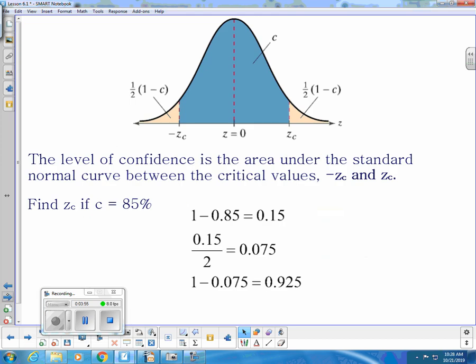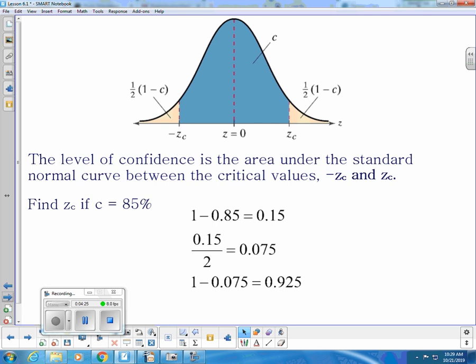The level of confidence is the area under the standard normal curve between the critical values. So we're going to find the critical values. That's what you have to be able to do. This is your level of confidence, this blue area. The tails are things that aren't going to be in your interval. So find Z sub C at 85%.